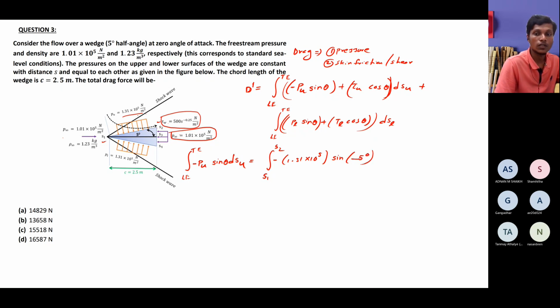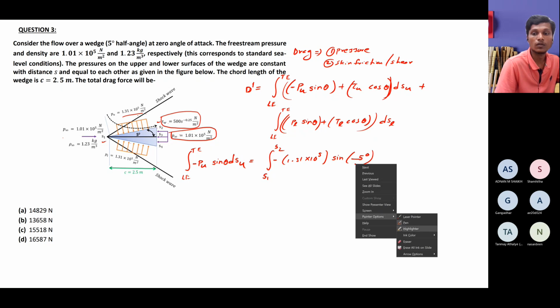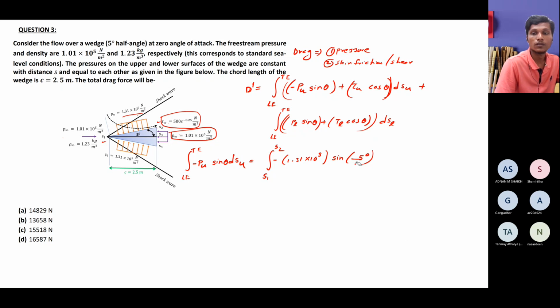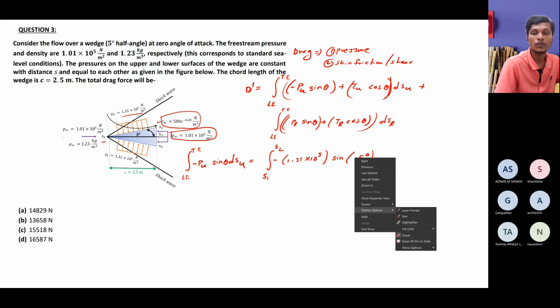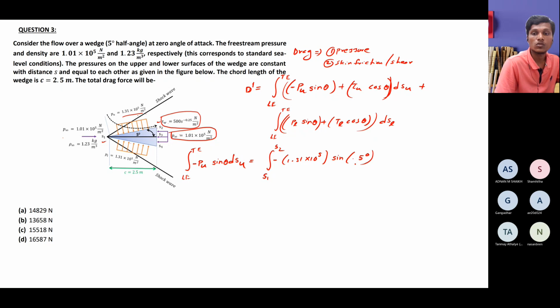Note that very carefully, this is minus 5 degrees. Why it is minus, I will give you the idea, so you can use it again in your next calculations.